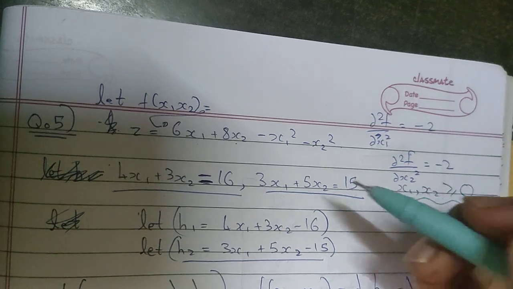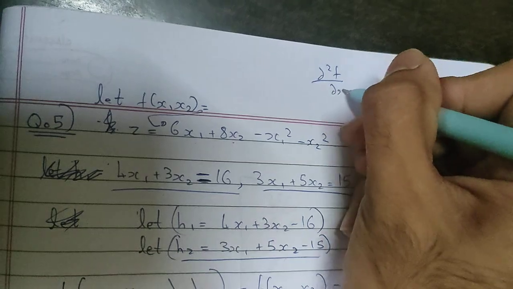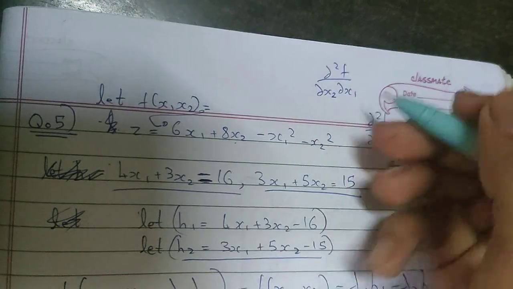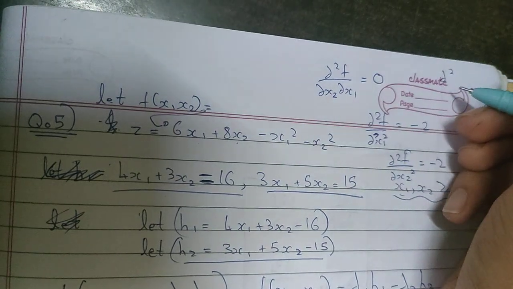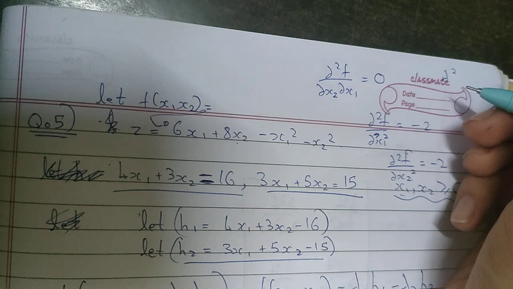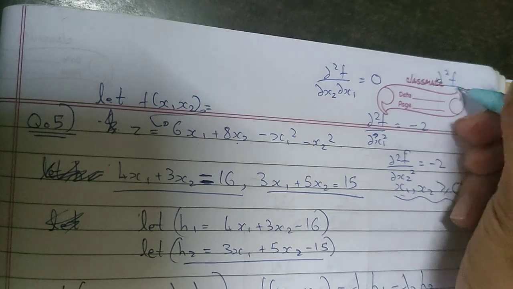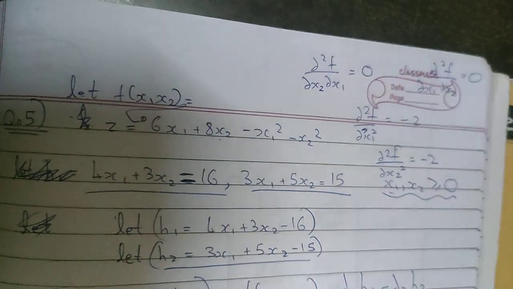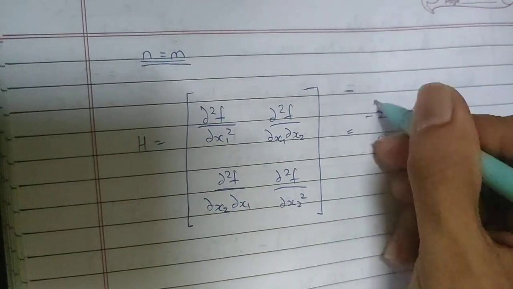And if we differentiate each of them once with respect to, for example, x1, and then with respect to x2, when we differentiate with respect to x1 then x2, we get a 0. And similarly, if we do the reverse, if we differentiate with respect to x2 first and then x1, then also we get a 0. If you like, you can cross check that later. So our diagonal elements are minus 2 and minus 2, and the off-diagonal elements are 0, 0.